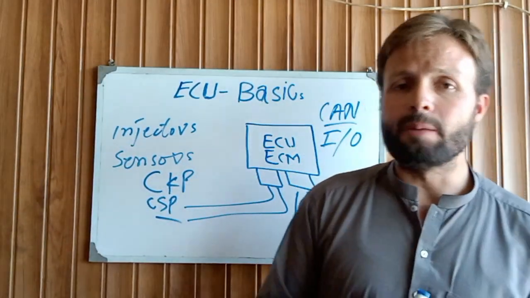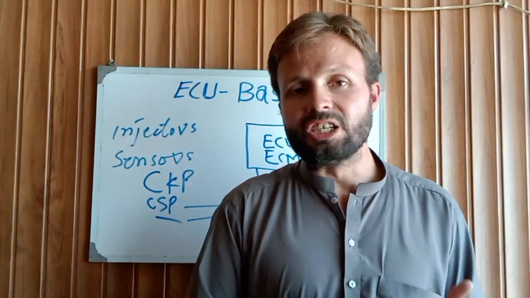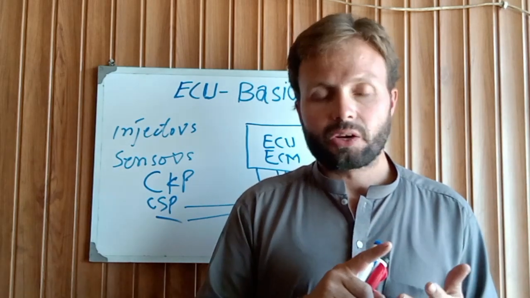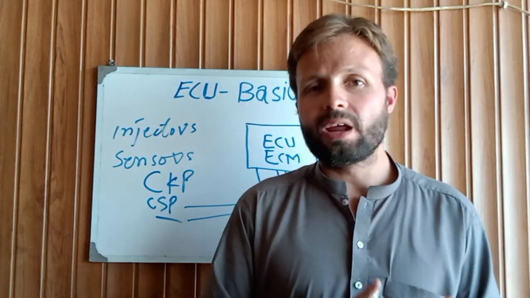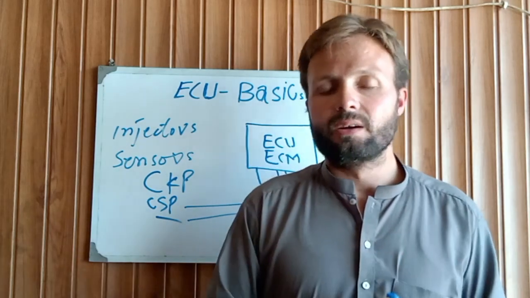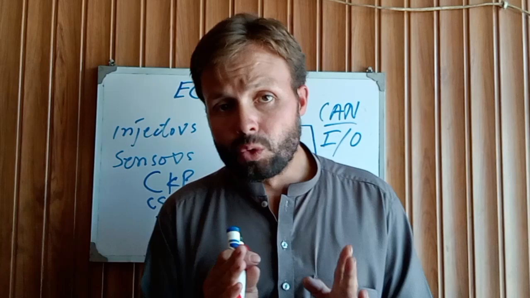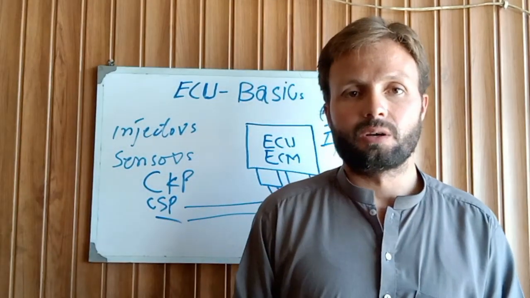The camshaft position sensor identifies the top dead center, and the crankshaft position sensor identifies which injector now needs to fire. The ECU is controlled by the camshaft position sensor and the crankshaft position sensor.